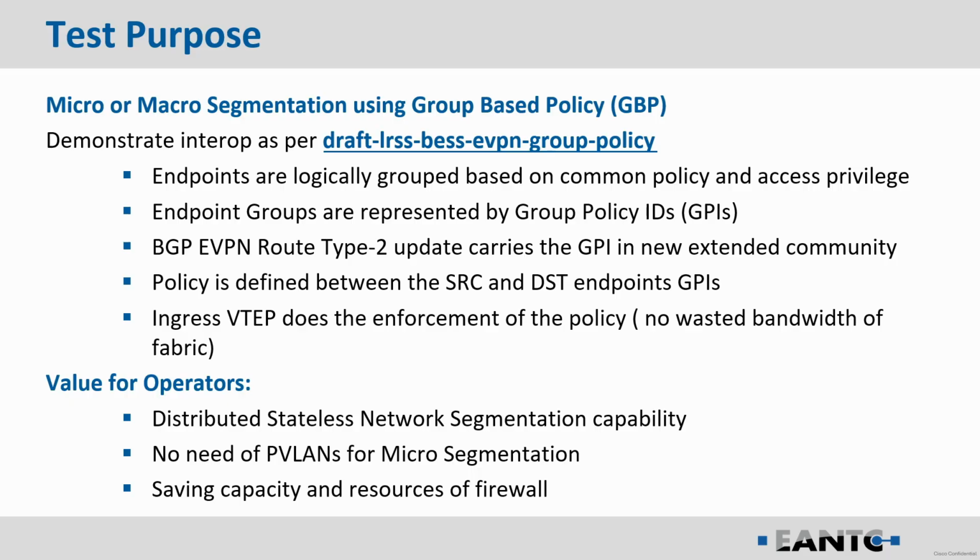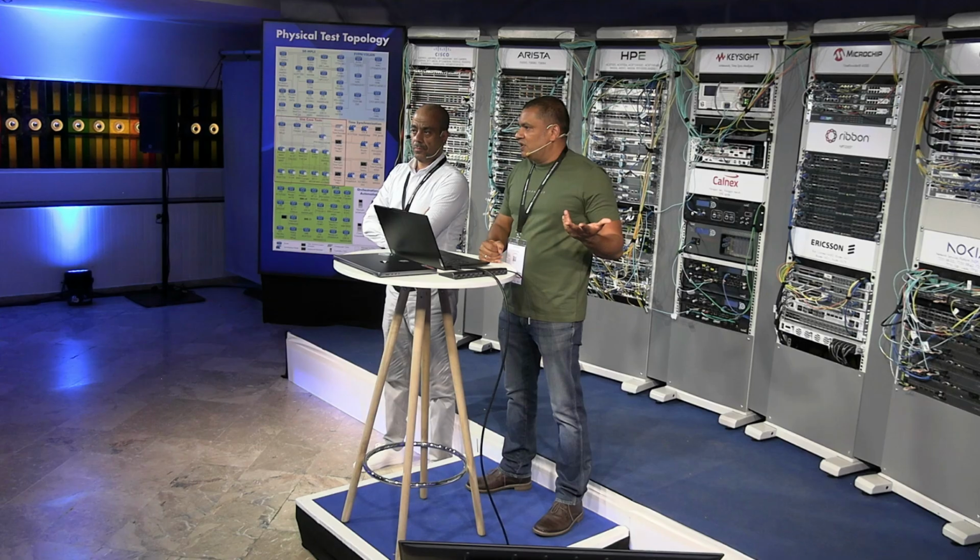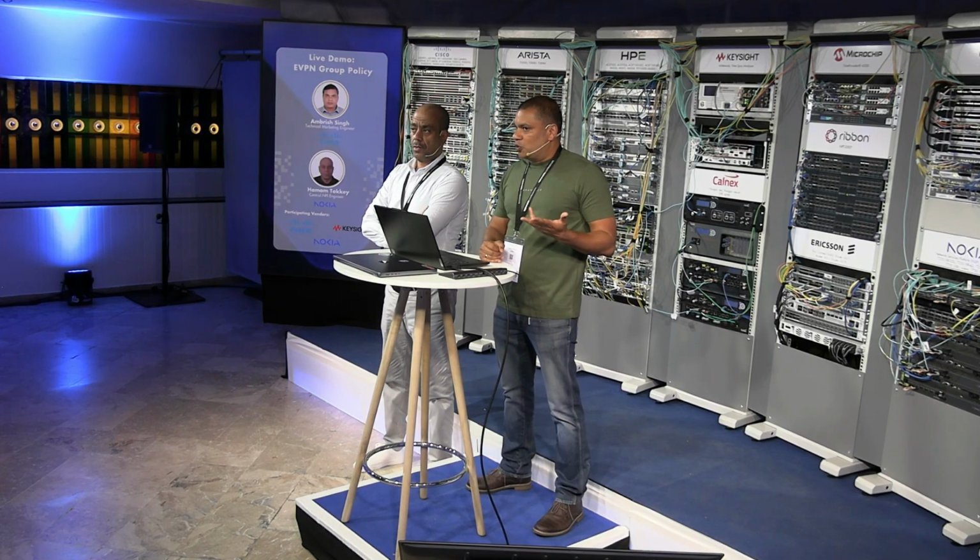What value do we offer using the group policy option on a VXLAN EVPN fabric? First of all, we get distributed stateless network segmentation capability, which includes both micro and macro segmentation. There's no need to apply the traditional ways of doing segmentation, be it private VLAN or the ACL-based approach.